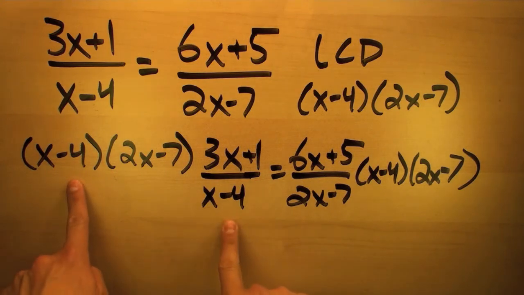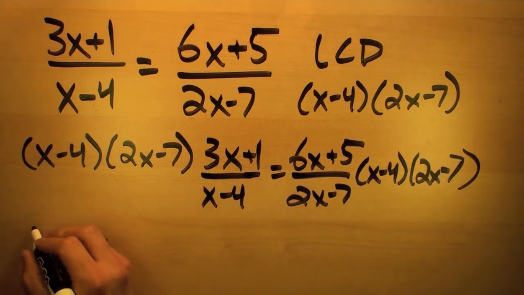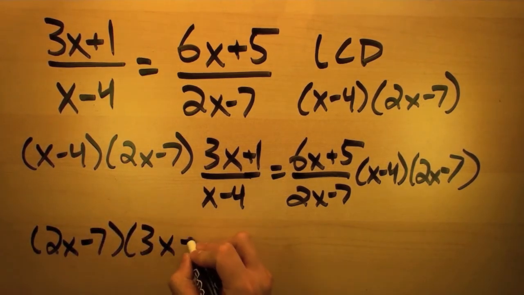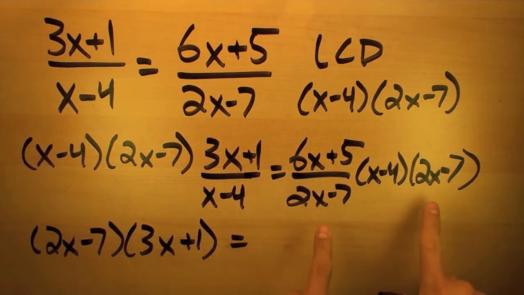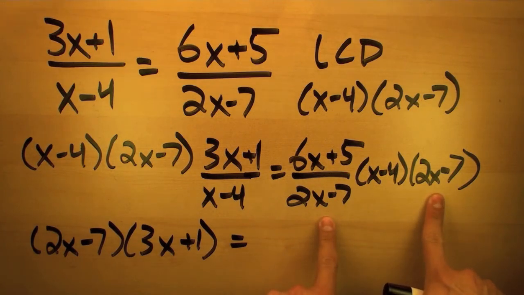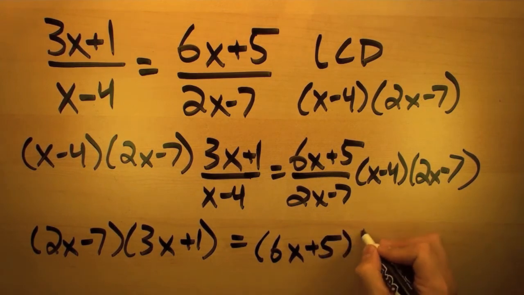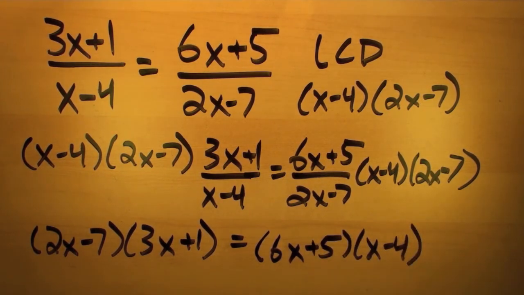Well, on this side, the x minus 4's cancel, leaving us with 2x minus 7 times 3x plus 1. And on this side, the 2x minus 7's cancel, leaving us with 6x plus 5 times x minus 4.